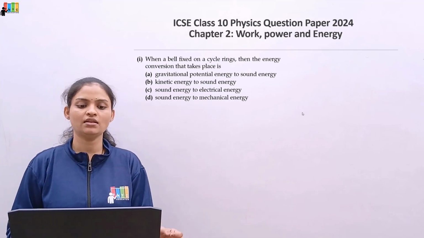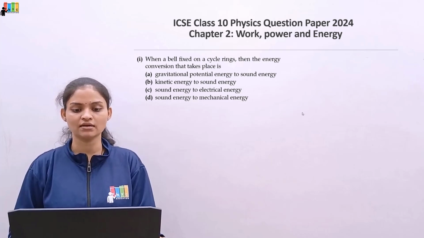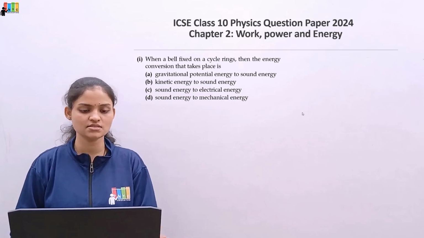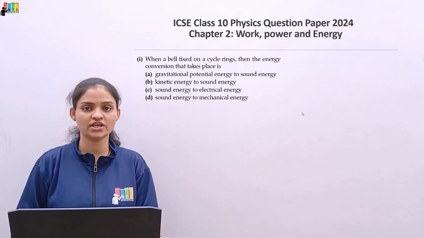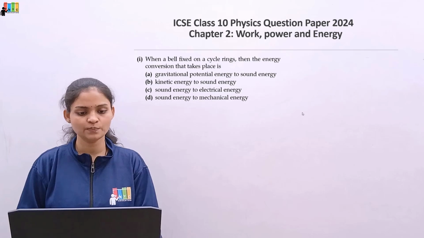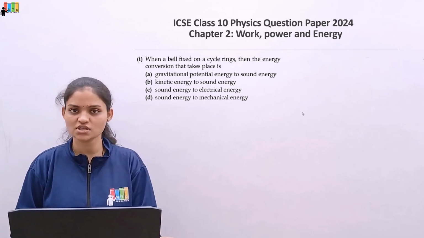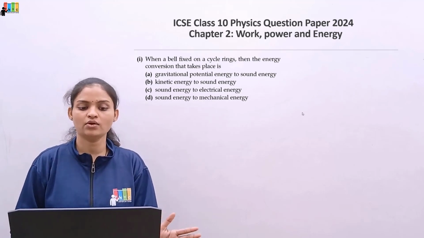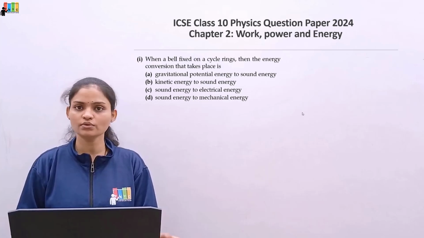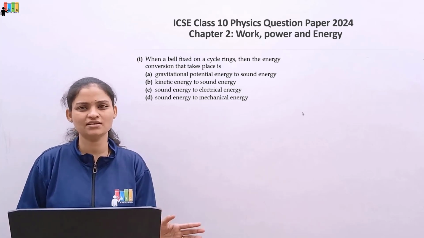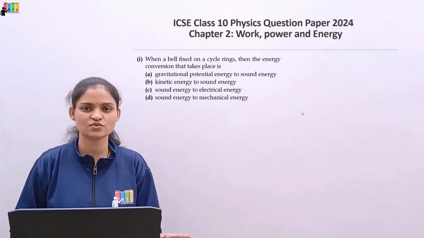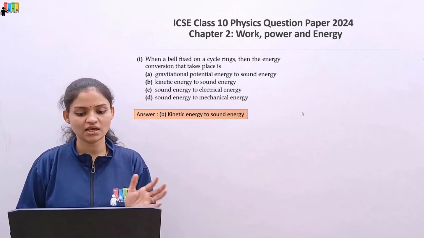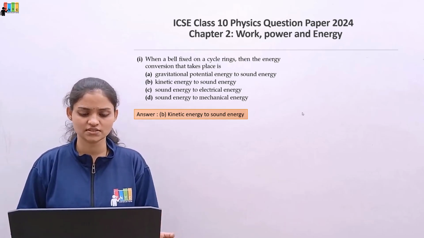The question is, when a bell fixed on a cycle rings, the energy conversion that takes place is: option A, gravitational potential energy to sound energy; option B, kinetic energy to sound energy; option C, sound energy to electrical energy; and option D, sound energy to mechanical energy. It's a very common sense based question. So what is the answer? The answer is option B, kinetic energy to sound energy.